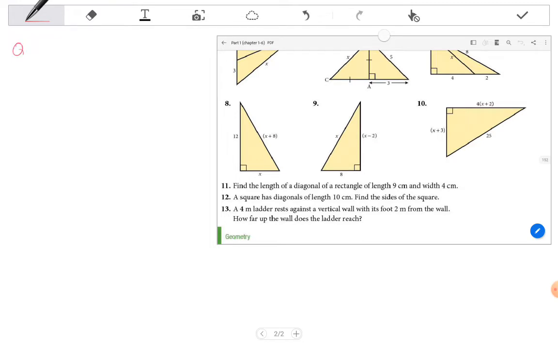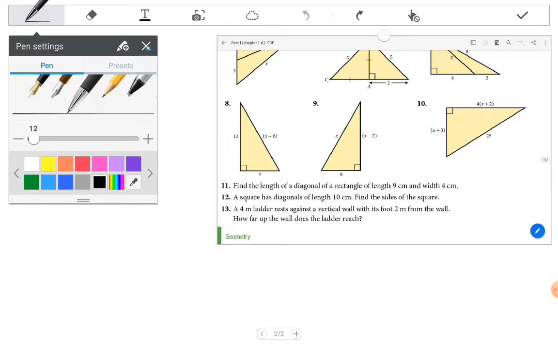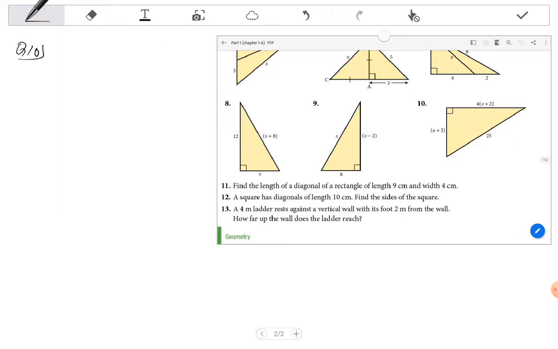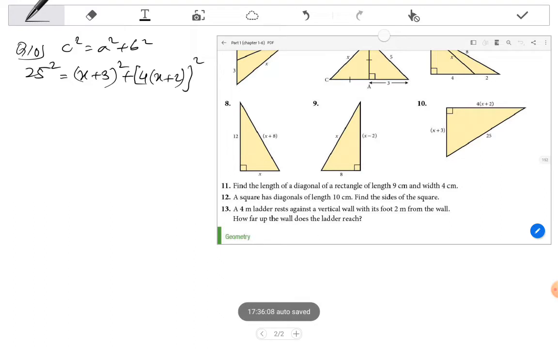Question: an algebraic equation that we have to solve for x. Okay, so it's easier.